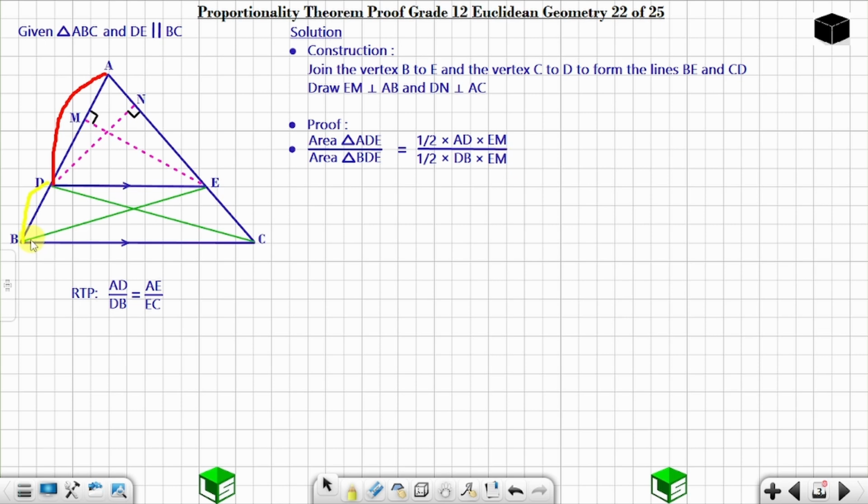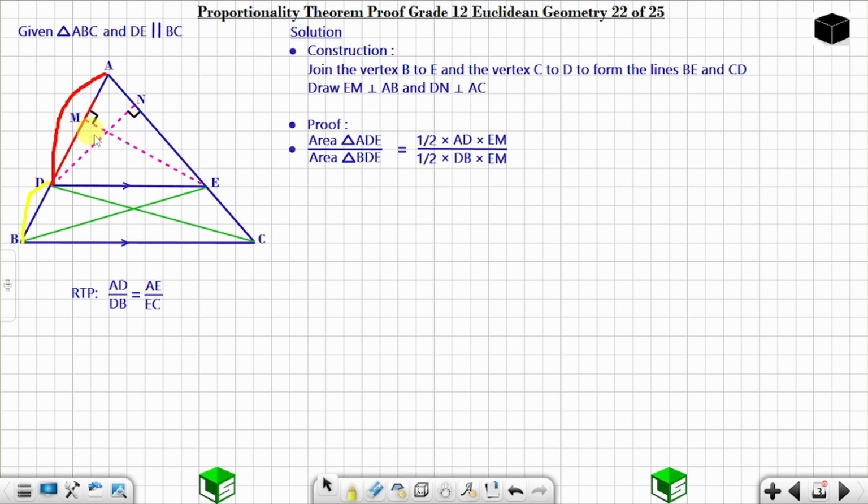Can you see? If you extend DB like this, can you see the red line? Now you can see from E to this line you have the perpendicular height.